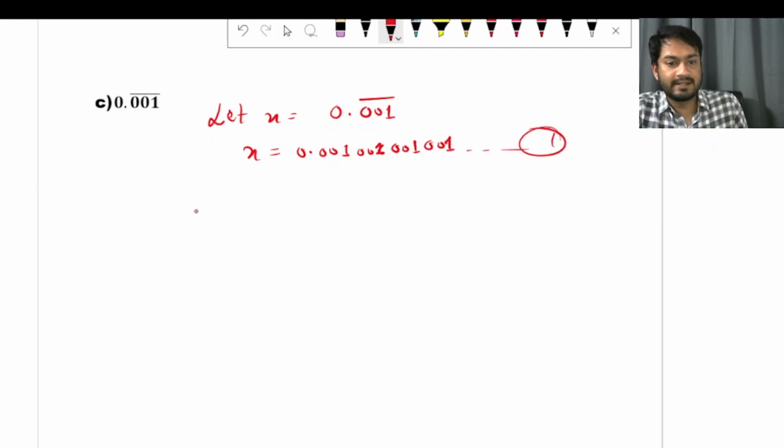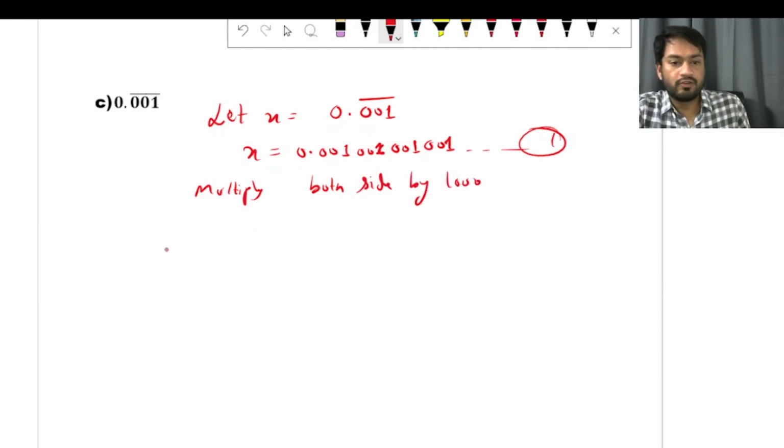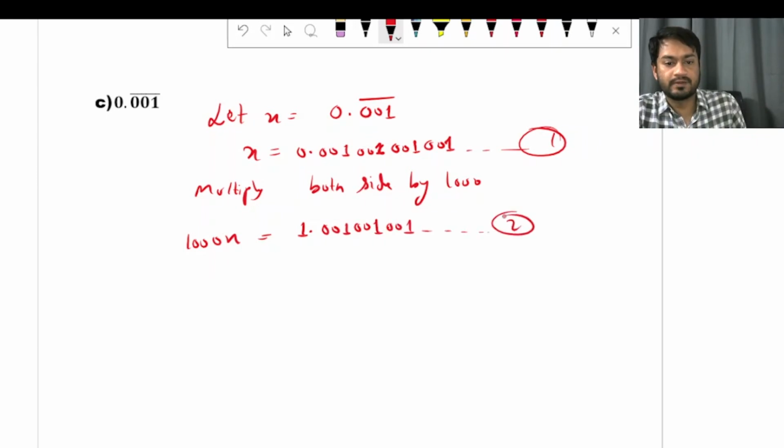So you need to write in the same sequence, then multiply both sides by 1000, right? If you multiply both sides by 1000, it will be 1000x equals 1.001 001 001 dash dash dash, second equation, right?